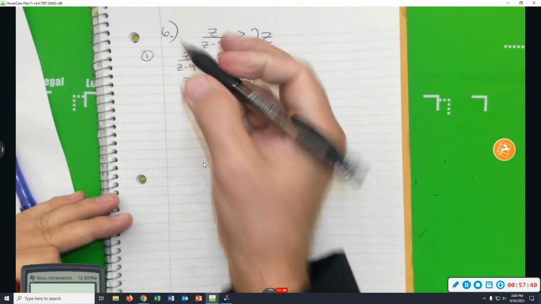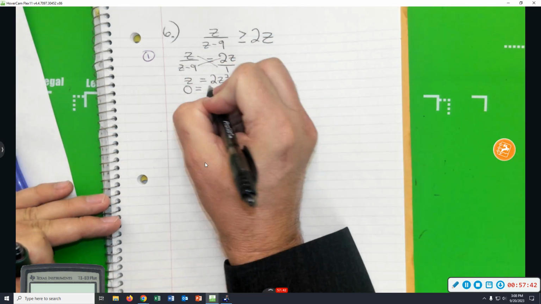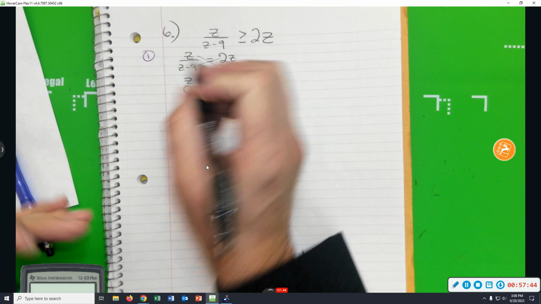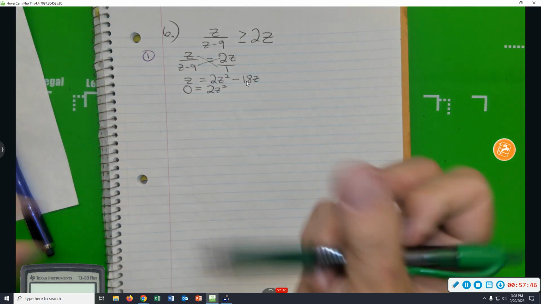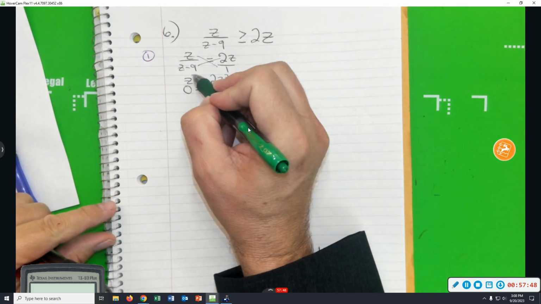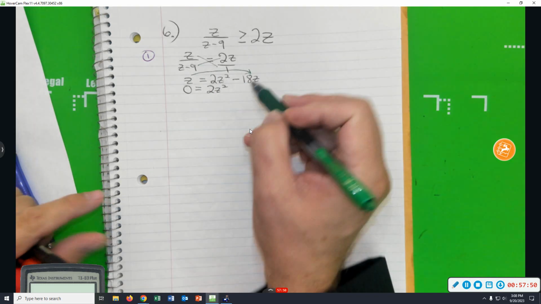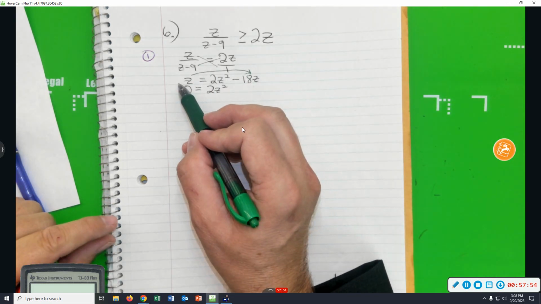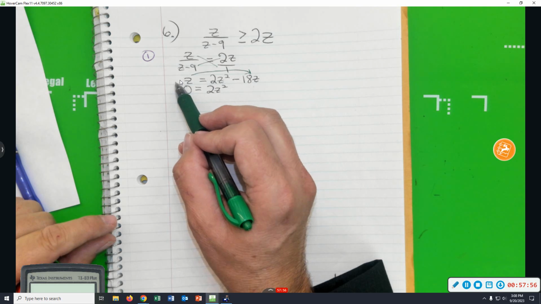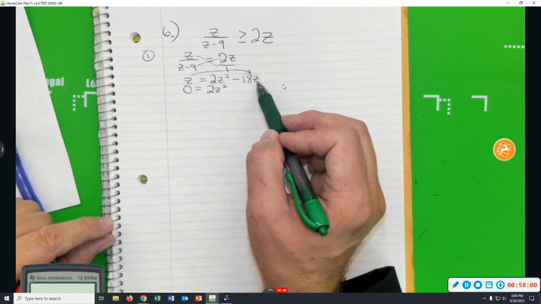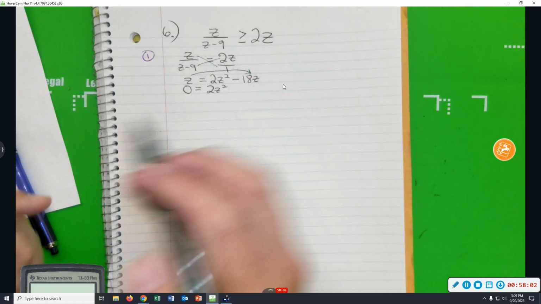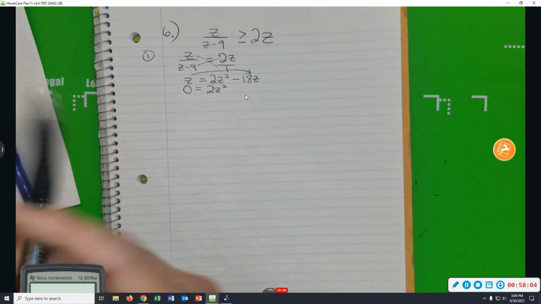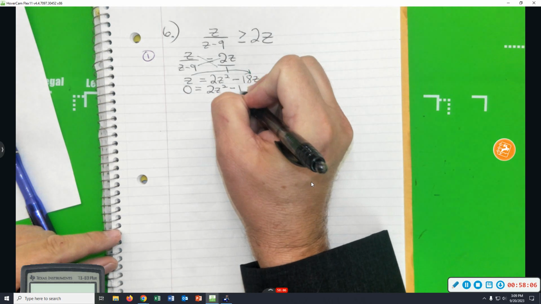So we're going to have 0 equals, we have a 2z squared. Moving that z over, be careful. We have a negative 18z. What's that going to become? Are we going to add or subtract z? Subtract z, negative 18z minus 1z. What's that going to give us? Okay, good.